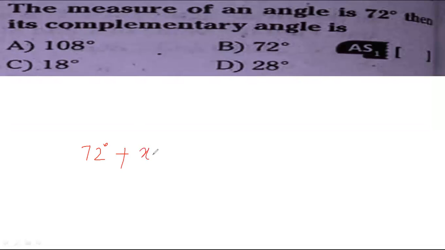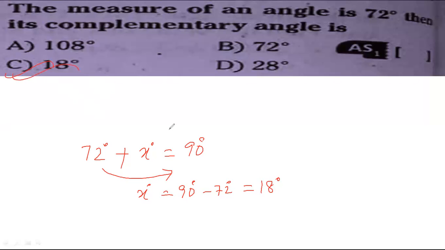Let us call it x degree. Complementary means sum of two angles should be 90 degree. If I transpose plus 72, it becomes minus 72. And answer will be 18 degree. So option C is correct.